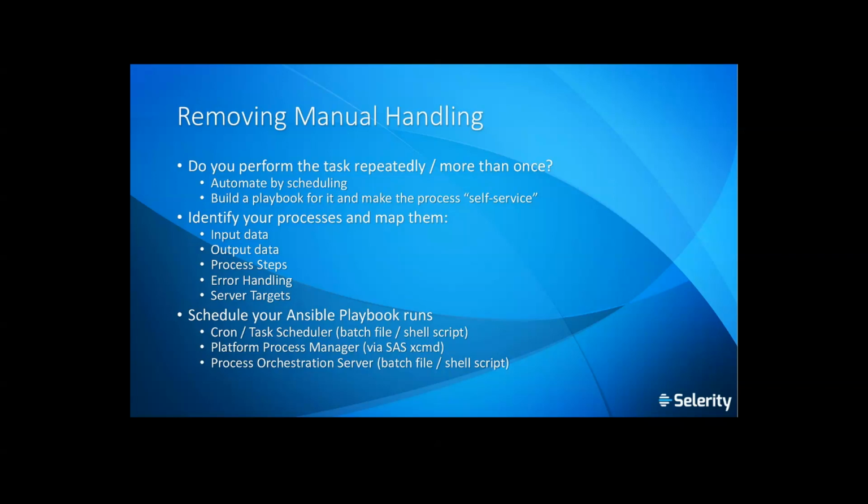What's also important when you're removing manual handling is to take a step back first, and identify your processes and map them. Within Ansible, what's really key is your input data, your output data, the process steps that you're running, what error handling you need, and the servers that are in scope of those processes. This becomes really important from an optimization perspective, because of the way the language of Ansible is constructed, i.e. through YAML files.